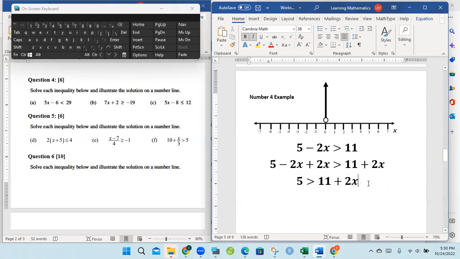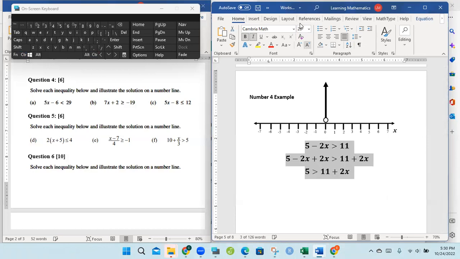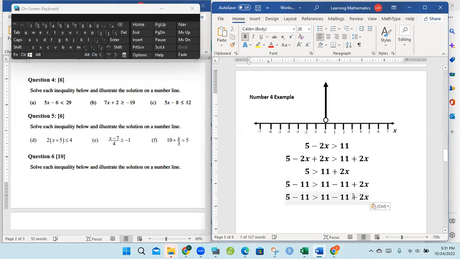So now we can cancel out 11 by subtracting 11 from the right side. If we subtract 11 from the right side, we have to subtract 11 from the left side. Eleven cancels out from the right side. We are left with a positive 2x.